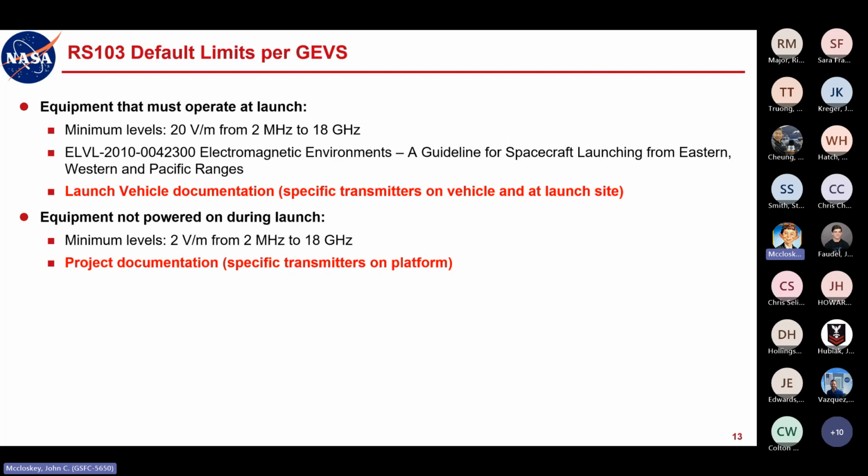So it's not a very stringent level, but it can also be a difficult level to test to. Even if the requirement is 2 volts per meter, I've heard other test houses say they just bump it up to 5 volts per meter, because that's a much easier level to consistently level on. It's enough above the noise floor that they can level on it much more quickly, and it's still a pretty benign level. So something else to pay attention to.